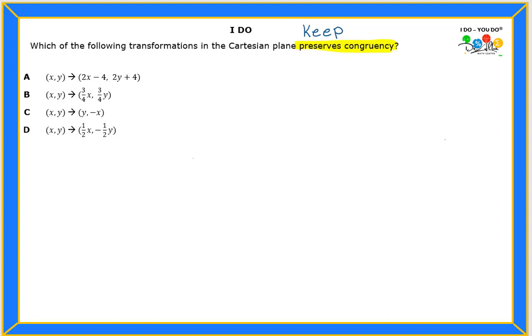The first one says xy transforms into 2x minus 4 and 2y plus 4. Now, I want you to keep in mind that anytime that you multiply my coordinates, the figure will not stay congruent. Okay, so let me write it down over here. It will not stay congruent.